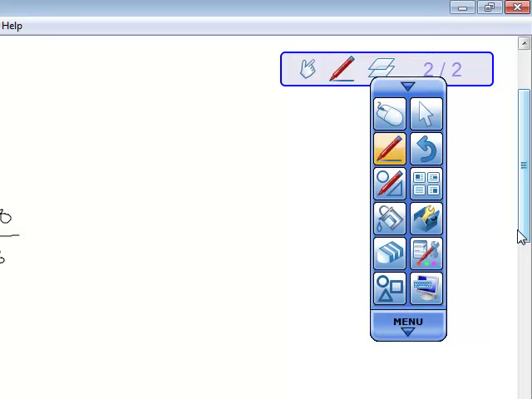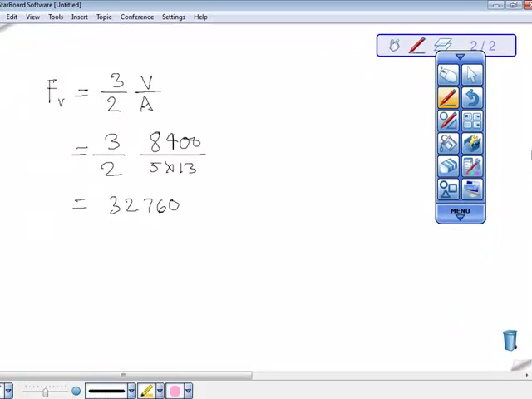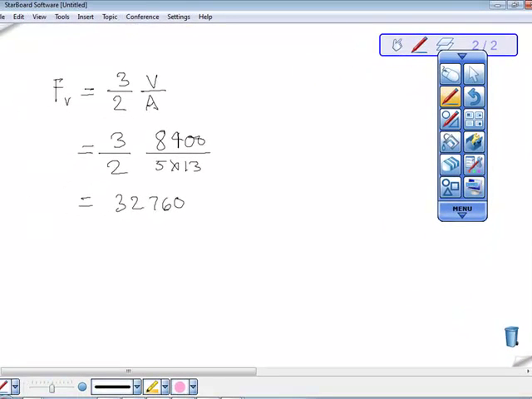If you're checking for your shear, you got to understand that V is the 8,400. So your F sub V equals 3 over 2 times V over A. So then V is 8,400.